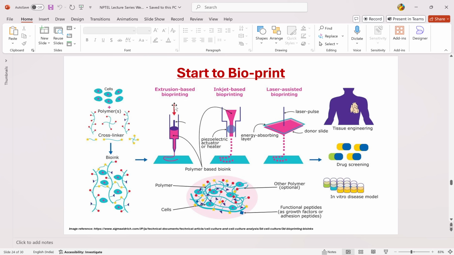One is extrusion based bioprinting, one is inkjet based bioprinting, and another is laser assisted bioprinting. Three kinds of techniques you can use to bioprint, and then it will form an organ. You will check it first in an in vitro disease model, then do drug screening, or you can use it for tissue engineering. So this is how you start to bioprint using these three kinds of bioprinters.